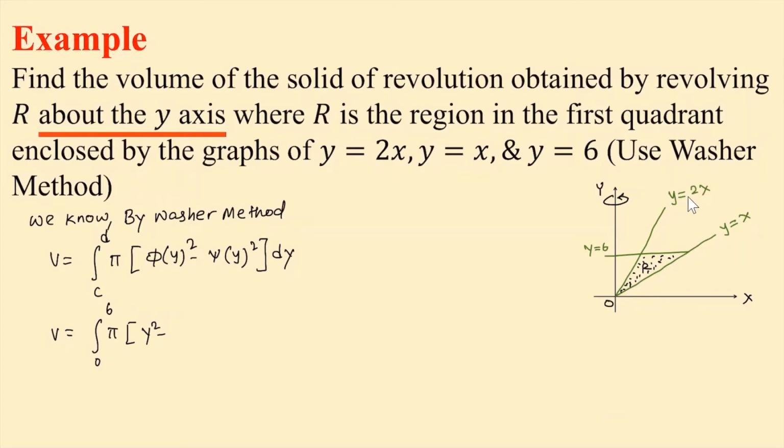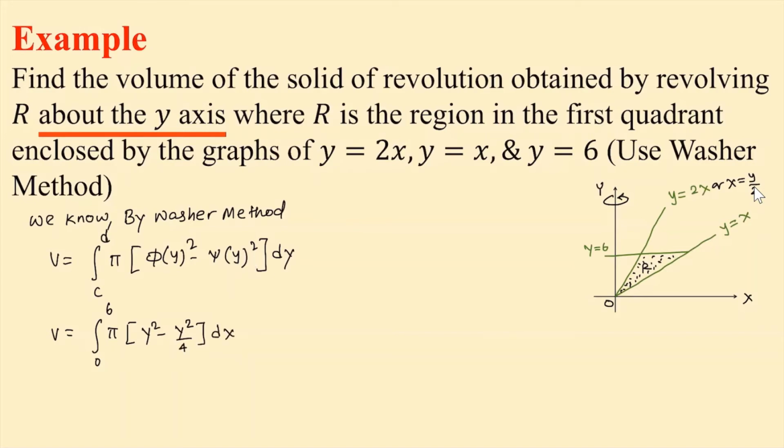And here the function is written in terms of x. And if we want to write this in terms of y, it will be x equal to y over 2. So the function in terms of y is squared. So if we square this, this will be y squared over 4. So we can write that as y squared over 4. And we are integrating this with respect to y.